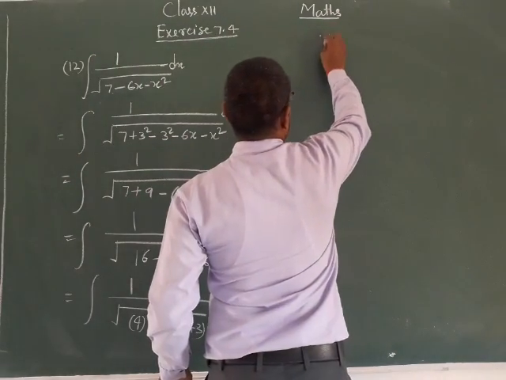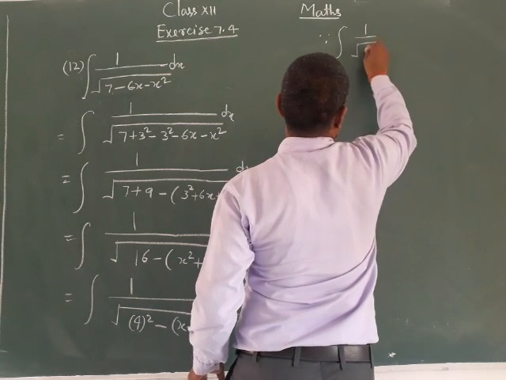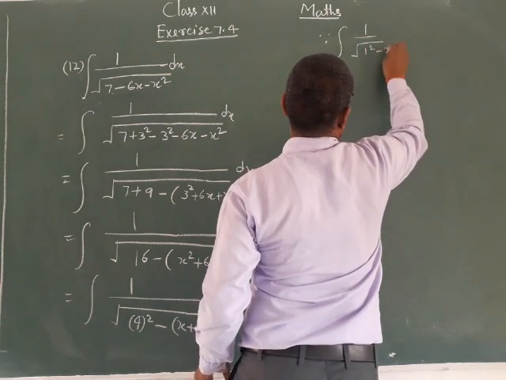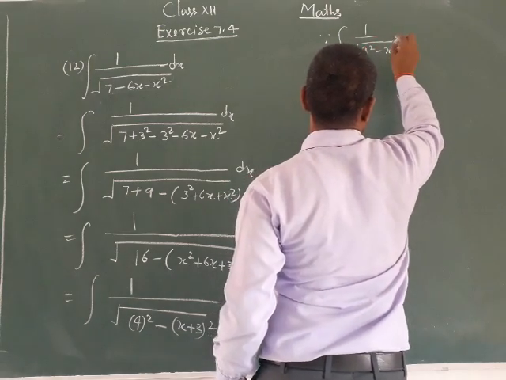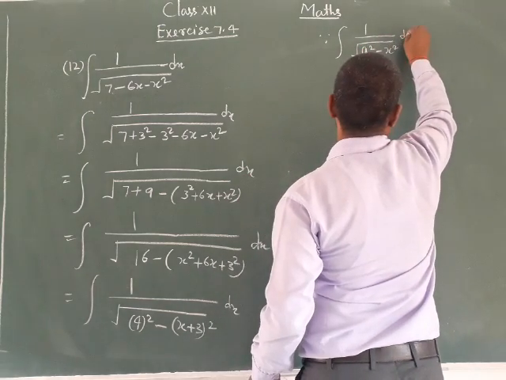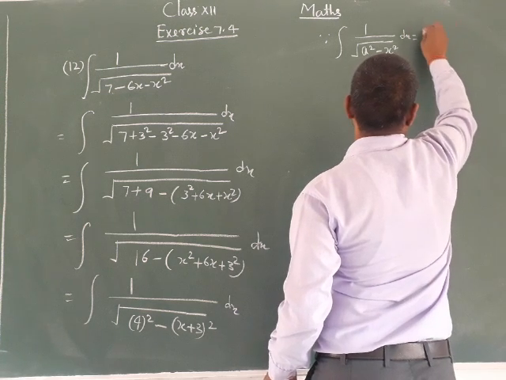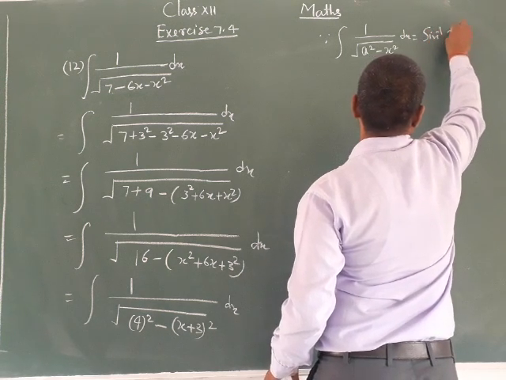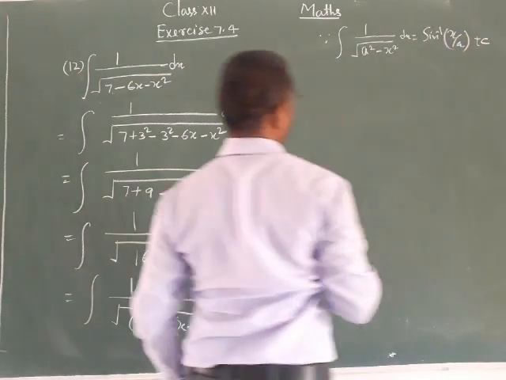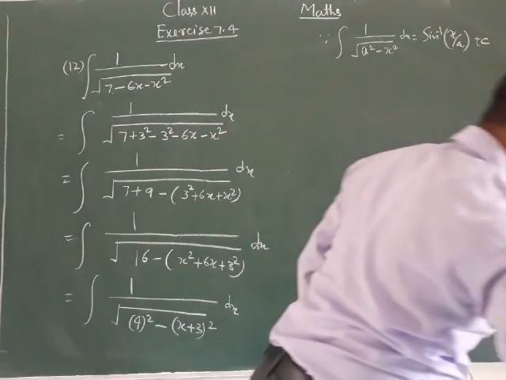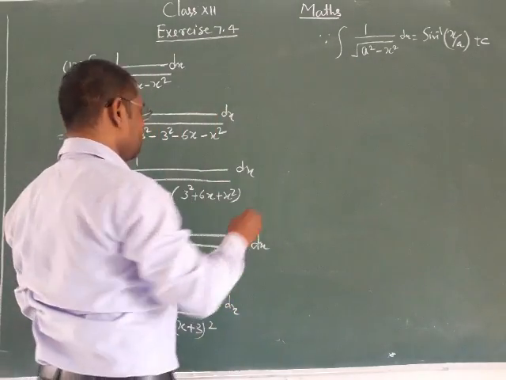Since the integral of 1 upon root a square minus x square dx is equal to sine inverse x upon a plus c, we use this formula in this place.